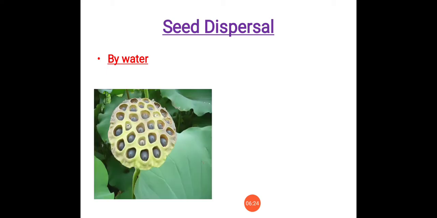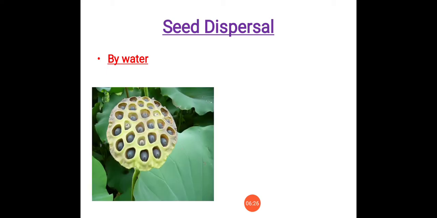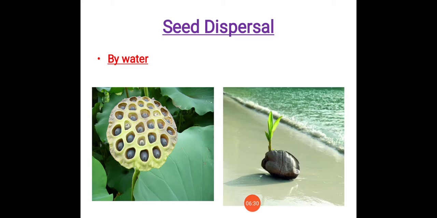Some seeds are dispersed by water. The seeds of plants that grow in or near a water body are carried by water. For example, lotus and coconut are dispersed by water bodies.